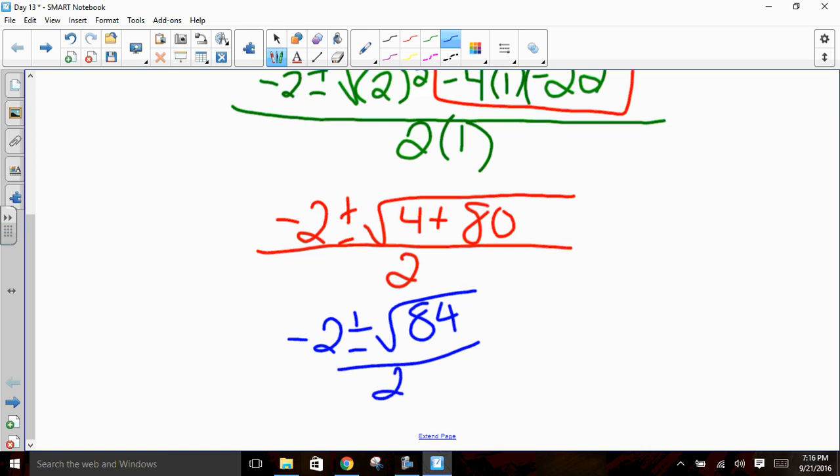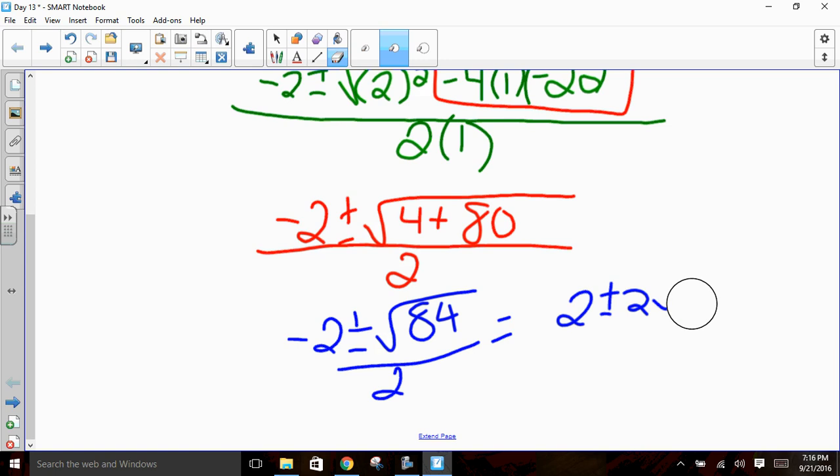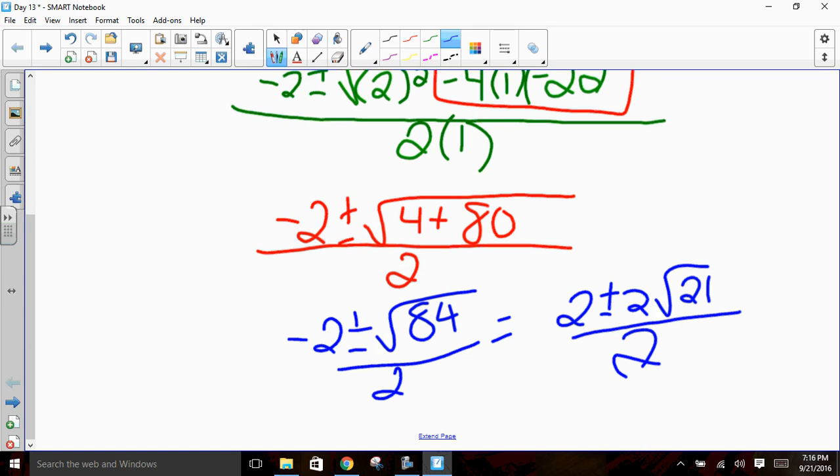84 is not perfect, but I know that 84 is equal to 4 times 21. So the square root of 4 is 2. So I have negative 2 plus or minus 2 root 21, all over 2. I have that divided by 2 on the bottom, so I can go ahead and divide every term by 2.